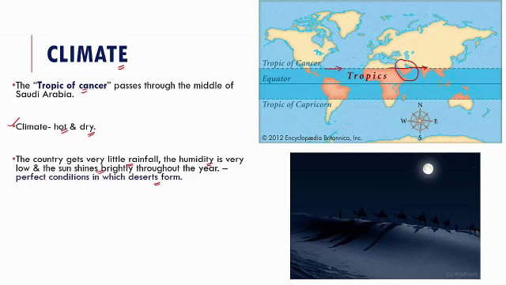Summers are extremely hot with temperatures soaring to 52 degrees Celsius in some parts. The nights are even colder during winter. The coastal areas remain humid for most part of the year.